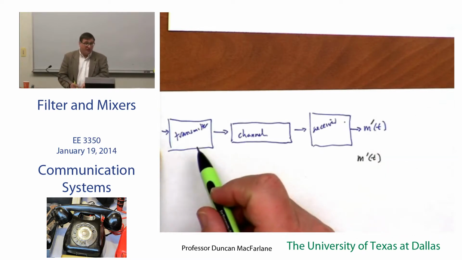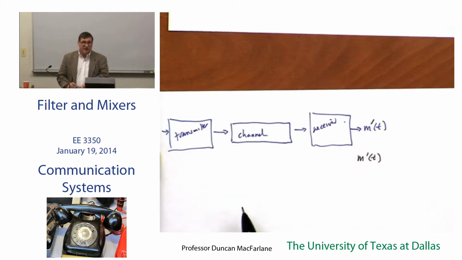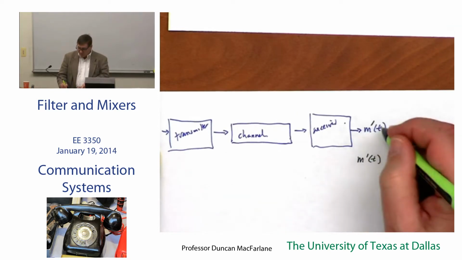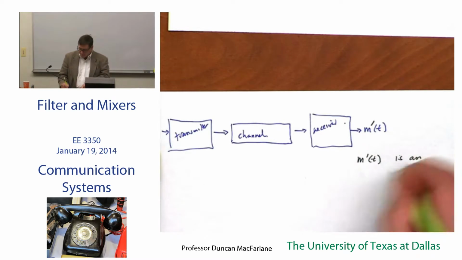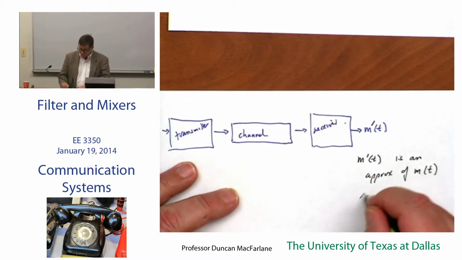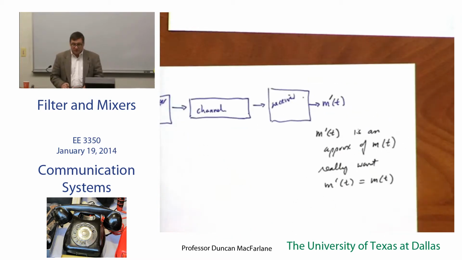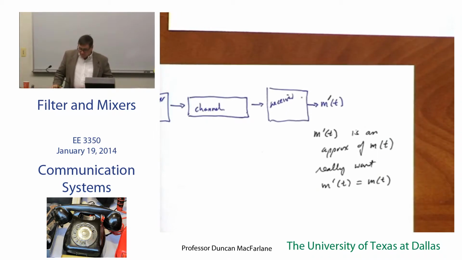But in general, we're going to have imperfections here, impairments here, and imperfections there, so that what I get out will be an approximation. So m prime of t is an approximation of m of t. We really want m prime of t to equal m of t.